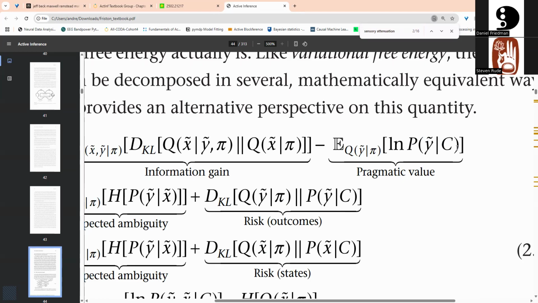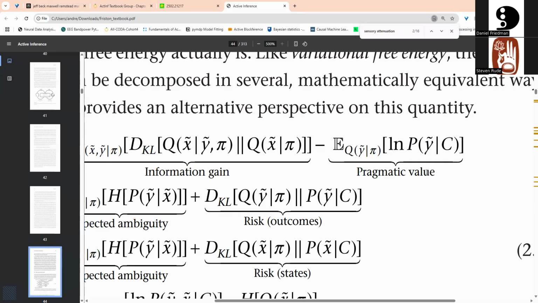Okay. From the text, C is the preferences. So basically this probability is the probability that you see the observations that you would want to see, because it means you have the string of observations in the world that is your preferences, and it's the probability of that.